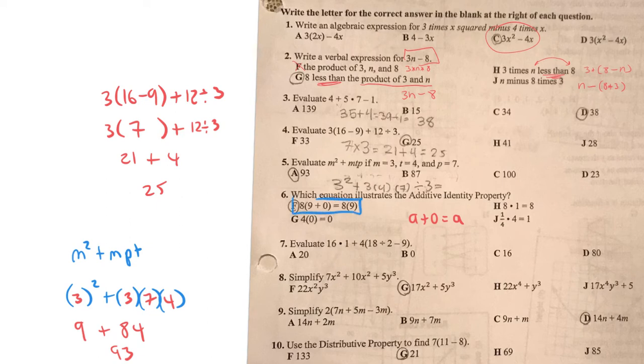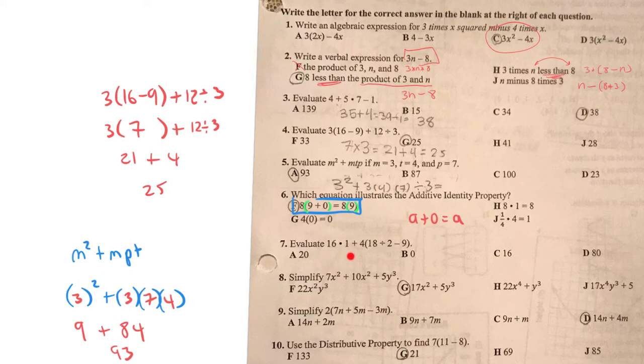It's happening with this green part. The green part says 9 plus 0, which definitely equals 9 on the other side. This is the multiplicative identity. This is the zero property of multiplication, and this is the multiplicative inverse property, okay? So we want the additive identity property where a plus 0 equals itself. What just happened? 9 plus 0 equals itself.